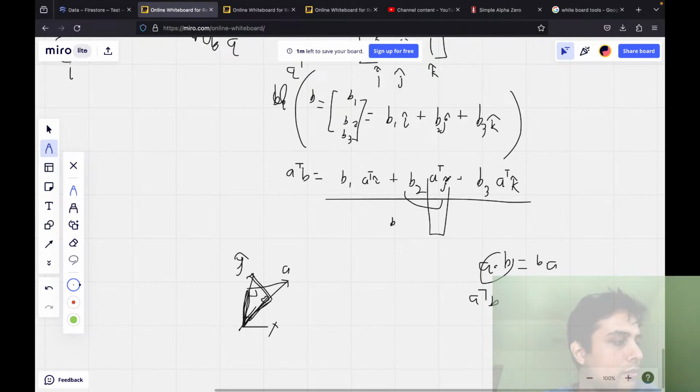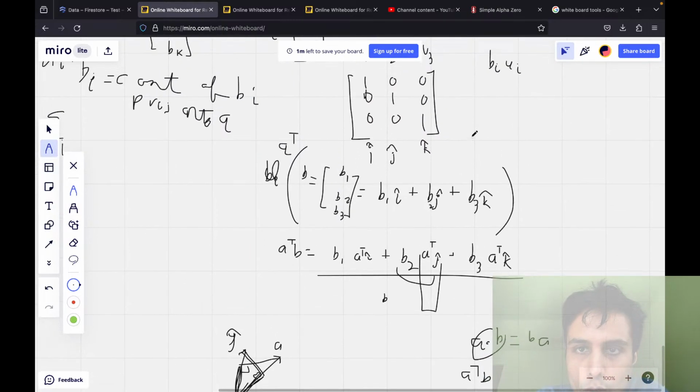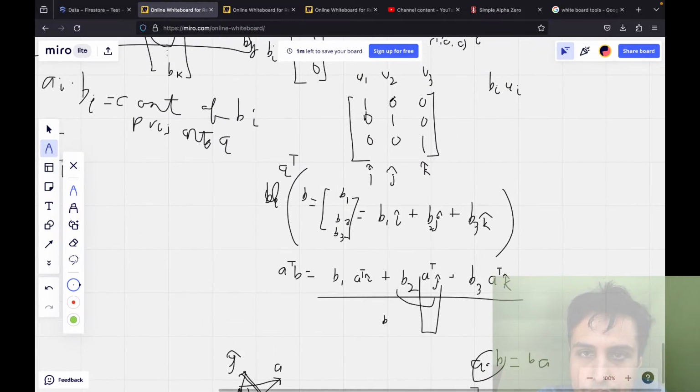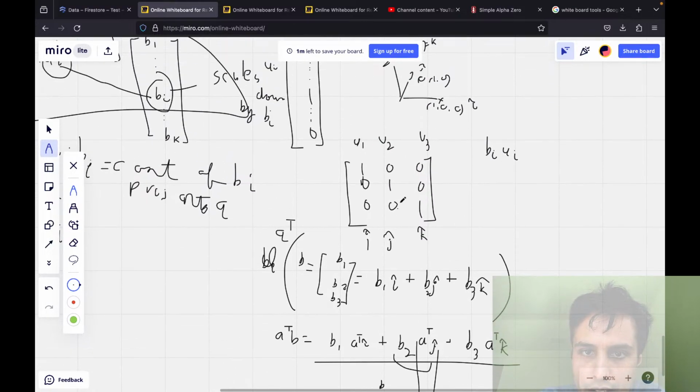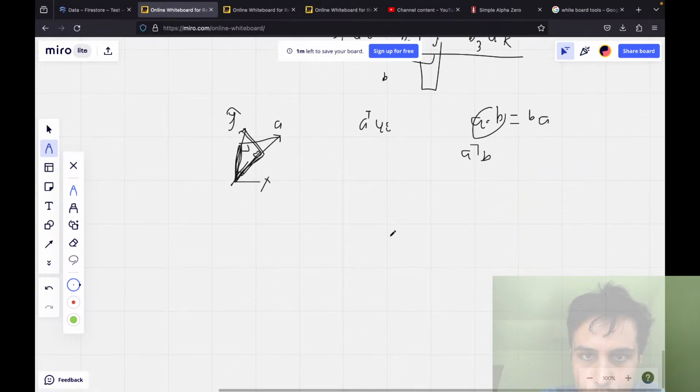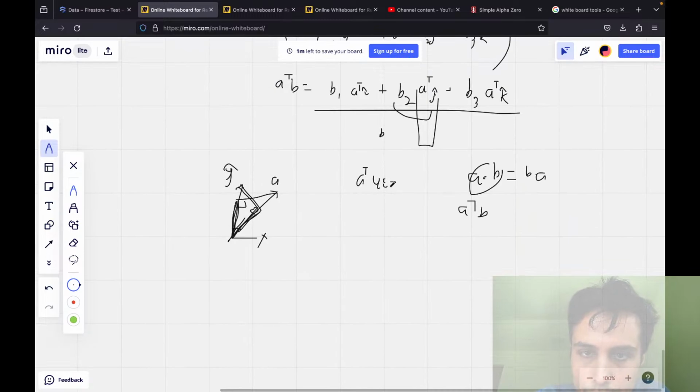Well, if you look at the definition, 0, 1, 0, we zero out everything else and are left with just 1. More generally, a transpose dot u of i, where u of i is u1, u2, u3, you zero everything out and are left with just the ith coordinate, which is ai.